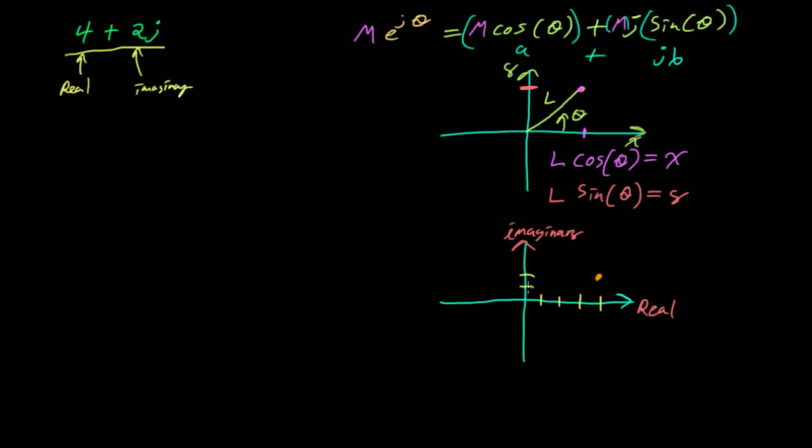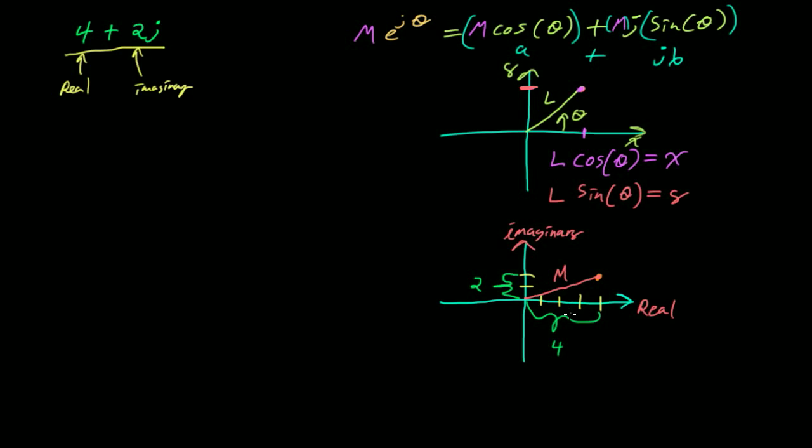So now let's do the same exact thing that we had up here, but down here on this real and imaginary axis. I know that this distance right here is 4, and this distance right here is 2. Now what I want to figure out is how far away that point is from the origin.